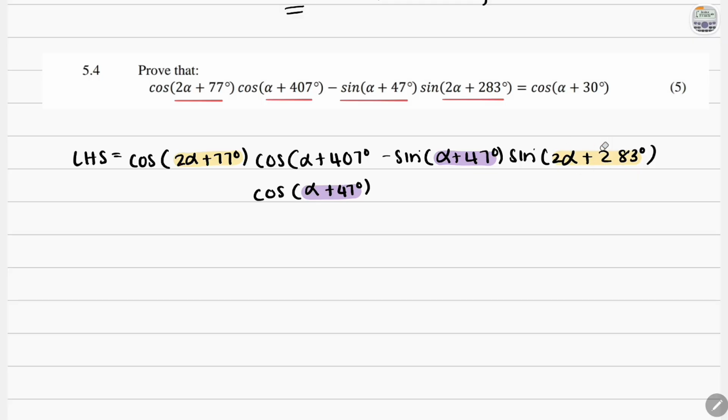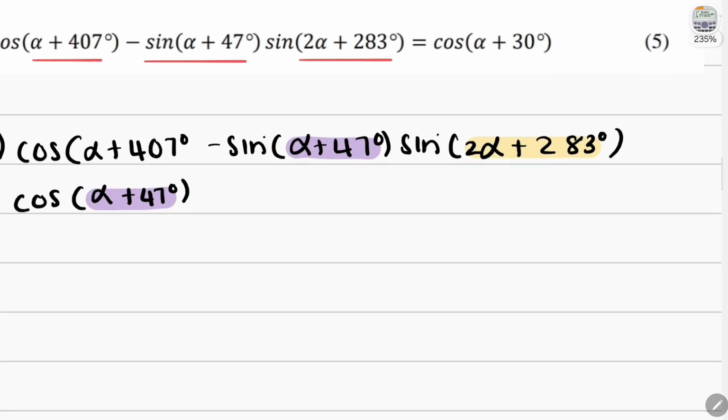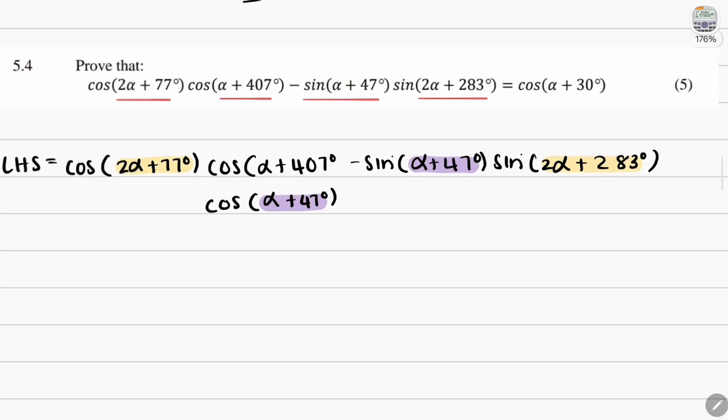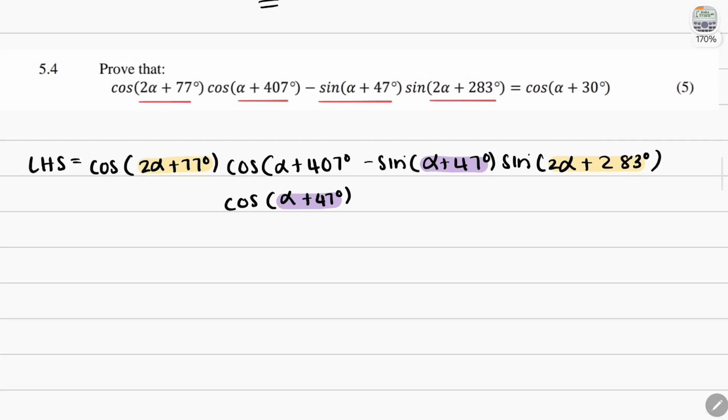And it's not only this, actually. Well, but looking at this, right, this is 2 alpha plus 283 degrees. So clearly it was supposed to simplify to an angle that would also say 2 alpha plus 77 degrees. But because they used positive 283 degrees, this is now going to be a problem.